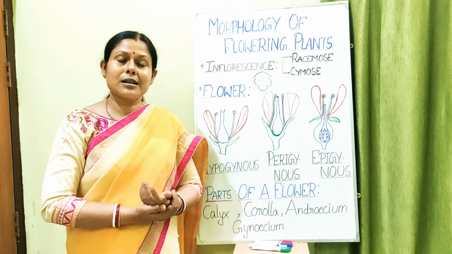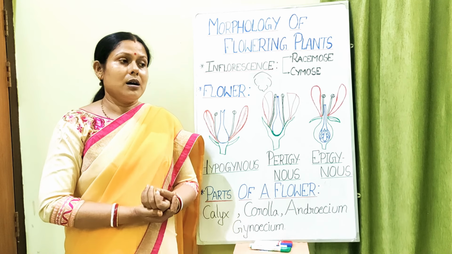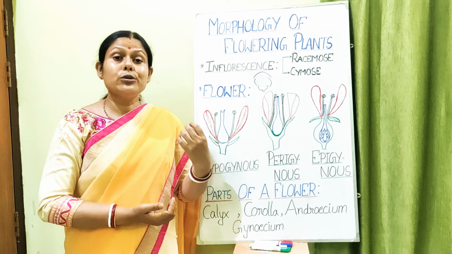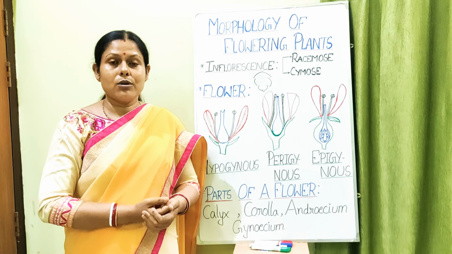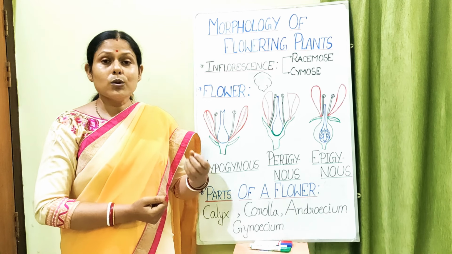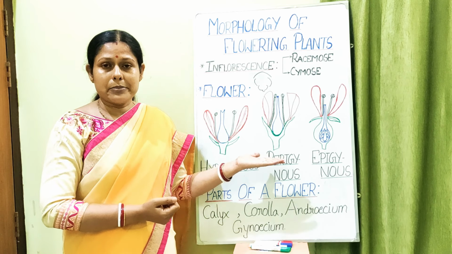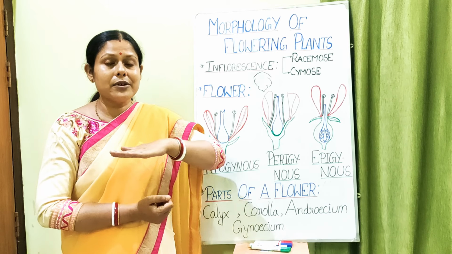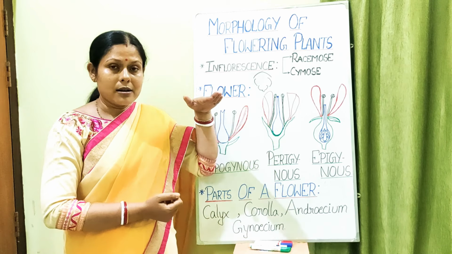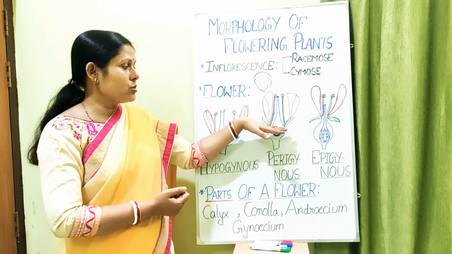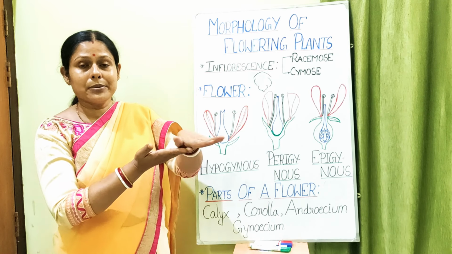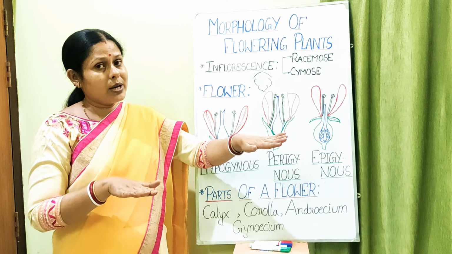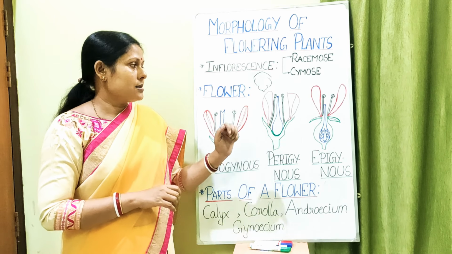So this can also come as a 1 mark question: give an example, or what do you understand by a perigynous flower, or what is the arrangement of the various floral members in perigynous flowers. Then you have to say that it is in the periphery, the rim of the thalamus with respect to the gynoecium, so that all the floral members appear to be at the same level. That is called the perigynous flower.